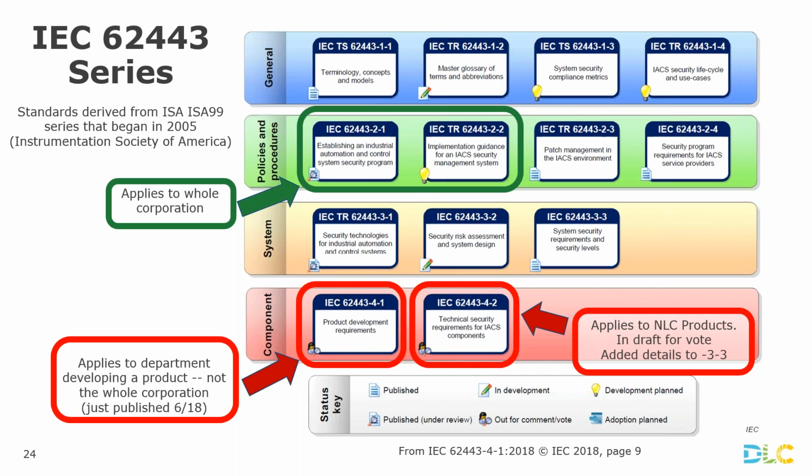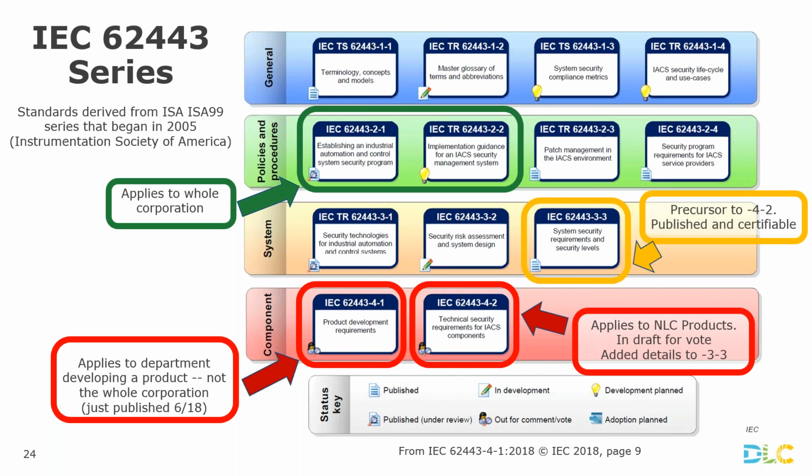So -4-2 is the document here that is most similar to UL 2900. And finally, this is a fairly recent standard, but it is a modification of -3-3, which has already been published and is certifiable.